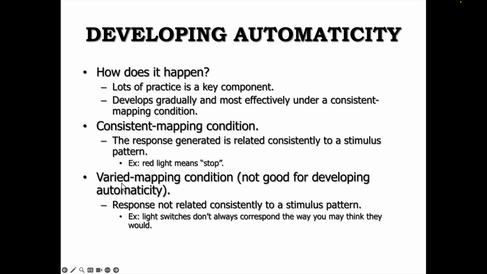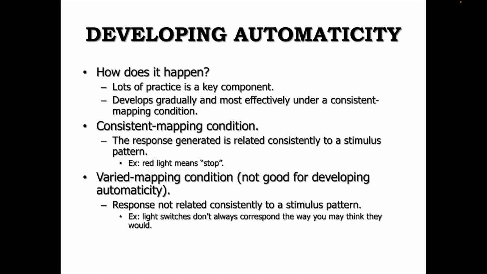Now there is also a varied mapping condition, which is not good for developing automaticity, meaning that the response is not consistent based off of a specific stimulus pattern. For example, depending on the house you go into, if you flip a light switch, that light switch could do several different things. It could turn on a light, or it could turn off a light.